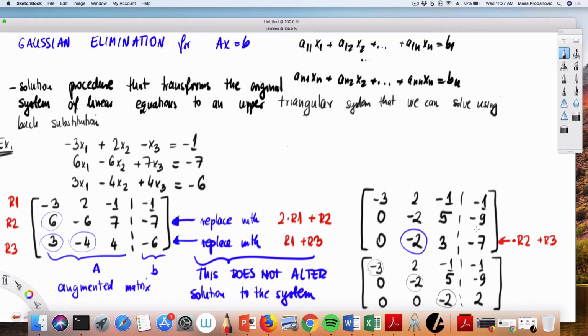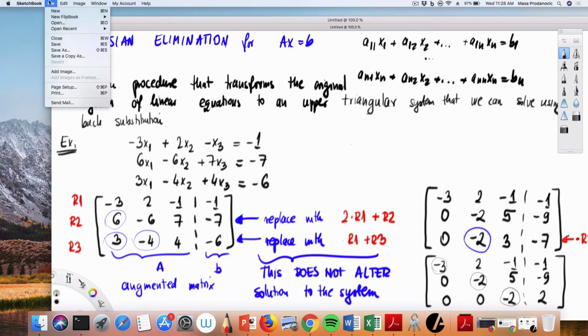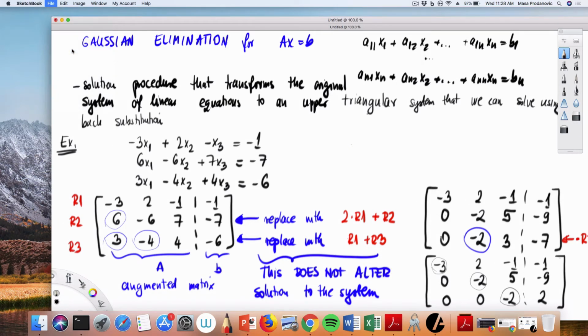You might have had another class where you also use a similar procedure to eliminate and make zeros above. That really works too. But we're going to use this for reasons that will become a little more obvious later. So I'm going to just save this now and open a new paper.